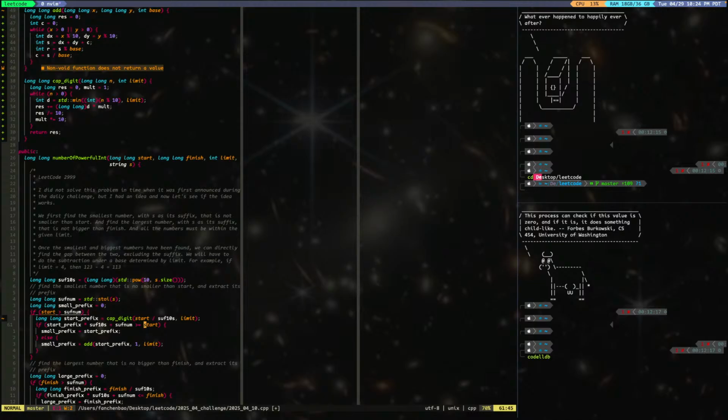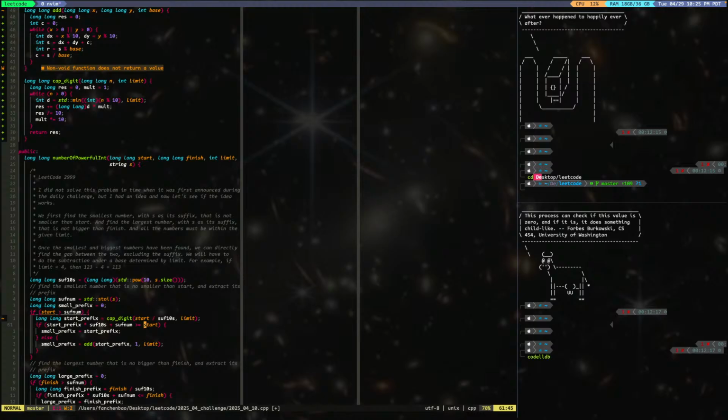So basically we have a suffix and we have a start. We divide by the remaining, and we put a suffix, and we compare if it's larger. If it's larger, then we're done. If it's smaller, like after we cap it, it's smaller.